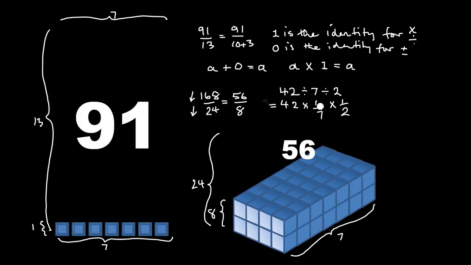So this time we've made life a bit easier for ourselves by changing the operation to a multiplication. The identity here isn't going to change anything at all. So 1 times 42 is simply 42. And in fact, we could rewrite that as 42 divided by 7, which is what we had originally, times 1 divided by 2.